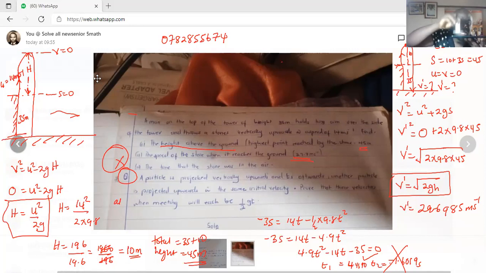The stone is going to leave, go up, reach maximum, come back, bypass where it left, and it goes down. That is the total time it has taken in air. Have you understood? Yes. Now it is the same.